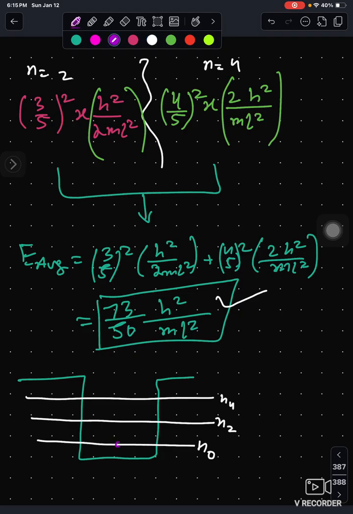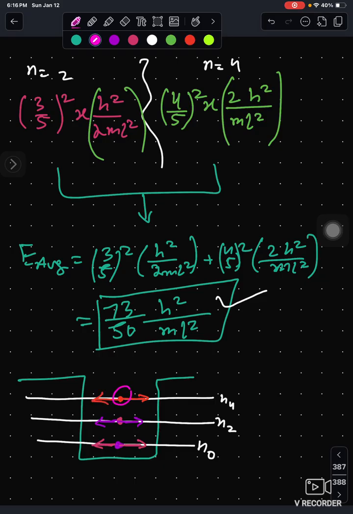At this point it's moving in this direction and this direction. This one as well, and this one as well.